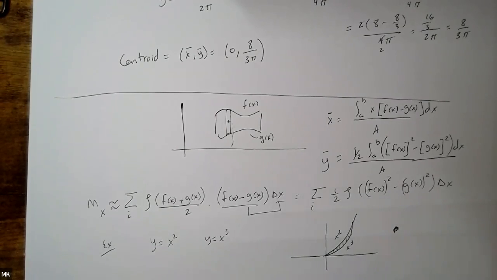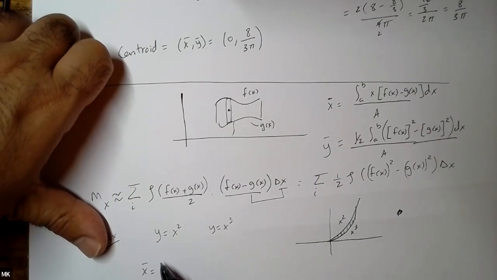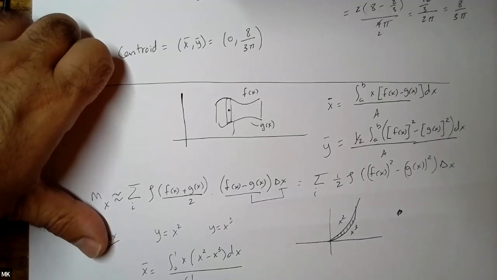If I just write the formulas, x bar would be the integral from 0 to 1 of x times f of x minus g of x dx over the integral from 0 to 1 of x squared minus x cubed dx.